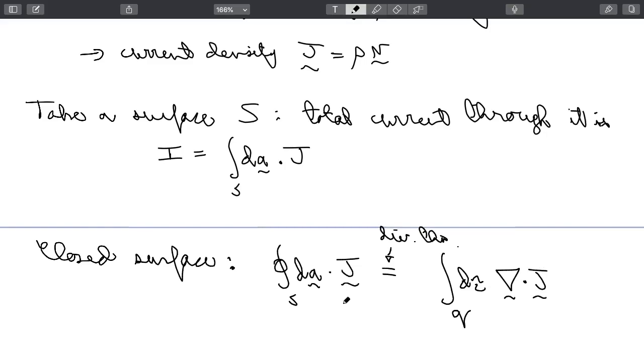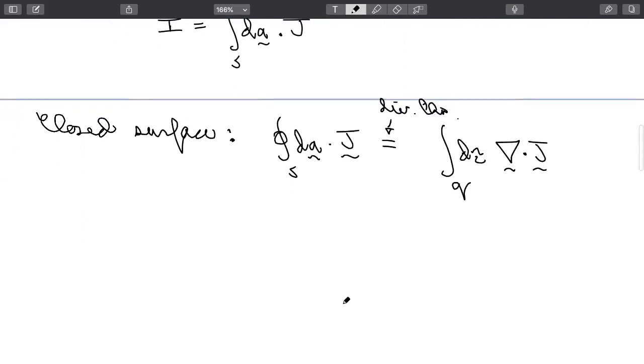That's just a straight application. But of course, charge is conserved.